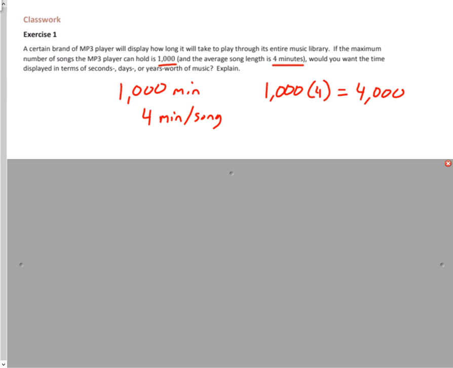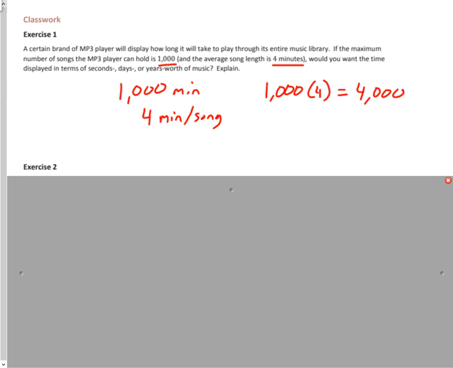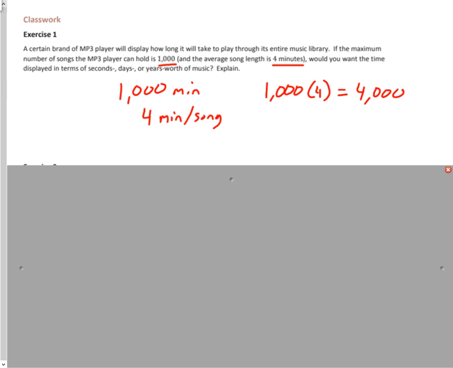If you're playing your whole music library, I don't know if you'd want to count down from 1,000 or count up to 4,000 minutes. So what would be a better unit of time? I would suggest hours. If you divide that by 60, you can figure out how many hours it would be. It would be hours and minutes, because it's more reasonable. You can compare it to hours in the day, but it's a more reasonable, smaller number to work with.